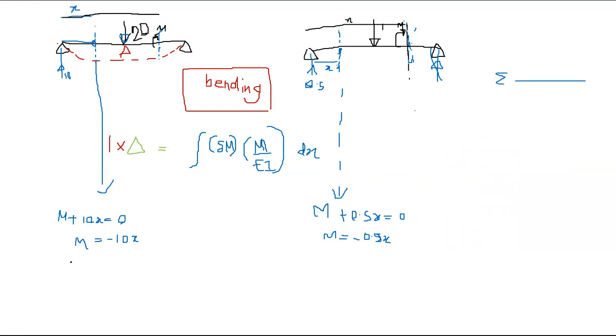You can write an expression using M plus 10 times X, and then this point load is also coming, 20, that is anti-clockwise, 20 times X minus 5, X minus 5, is equal to 0.